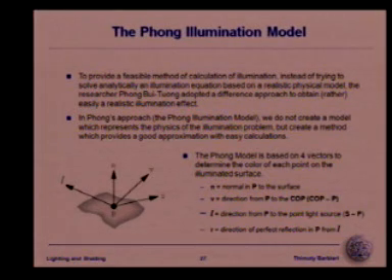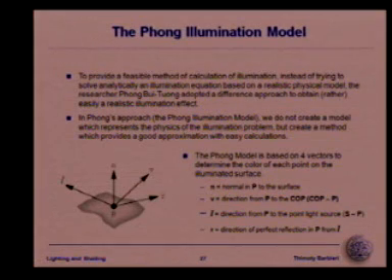Now we have everything we need to describe the Phong model. The Phong model is a recipe, well, a method, to calculate colors, as I told you, in a very empirical but effective way.